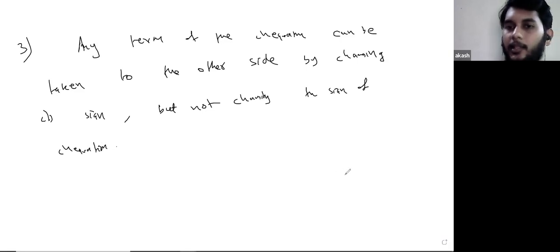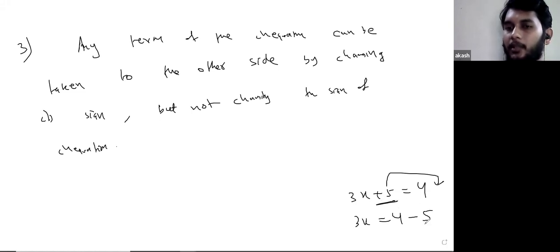All right. What is this saying? Same as with equality, if you have 3x plus 5 equals 4, you can take this 5 to this side, very easily. 3x equals 4 minus 5, because we have plus 5 here, you write minus 5 there. Same thing can be done in inequality.